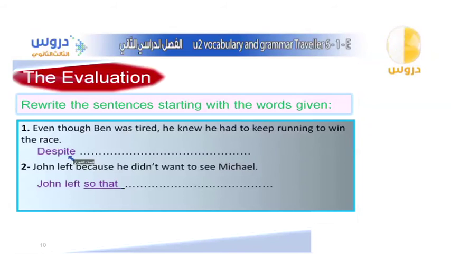The second sentence, John left because he didn't want to see Mike. So John left so that, and you can put the reason. Okay, Shuruk said, despite being tired, okay, we are going to check now.